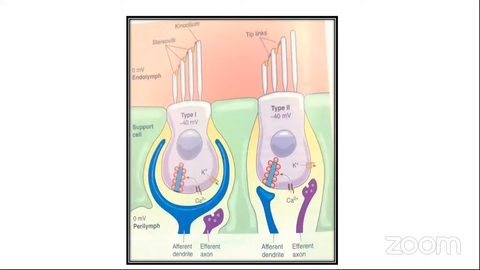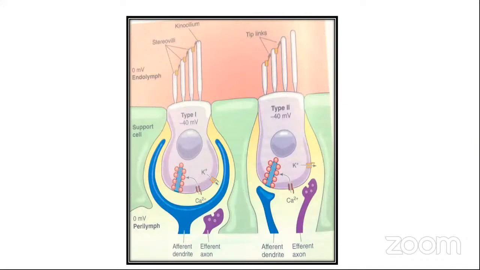So now we go on to the detailed structure and the potential changes happening in the hair cells when an action potential is produced.